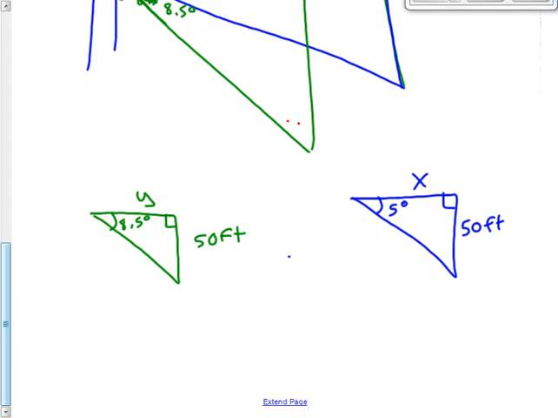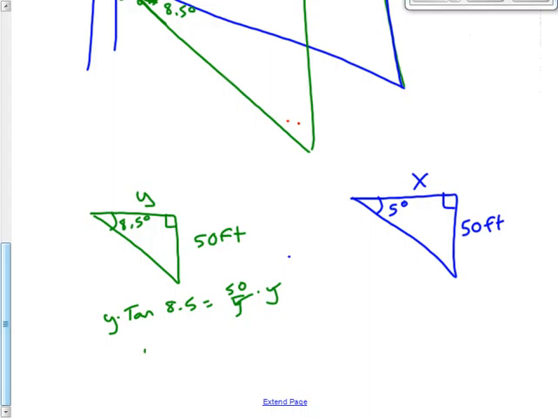So now I have an opposite and an adjacent in this triangle, so for both of these I'm going to use tangent. I'm going to multiply by y on both sides. So the y's cancel out. And then I'm going to divide by the tangent of 8.5.